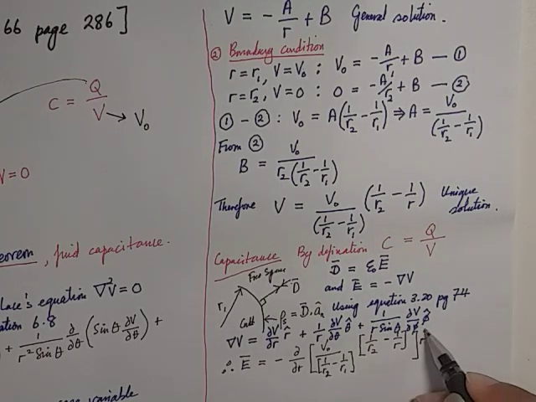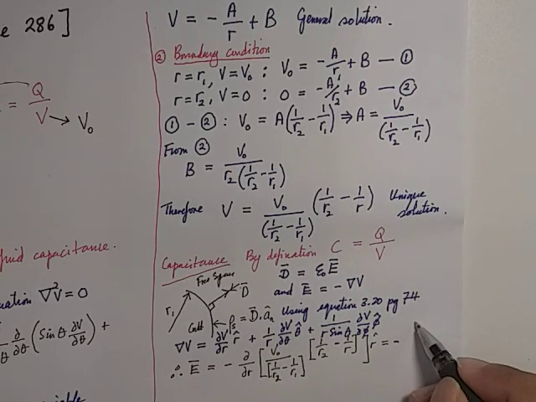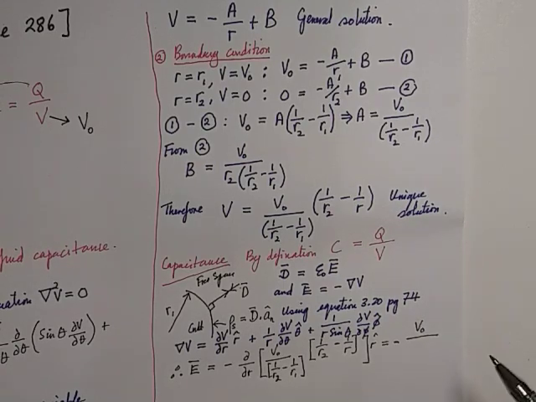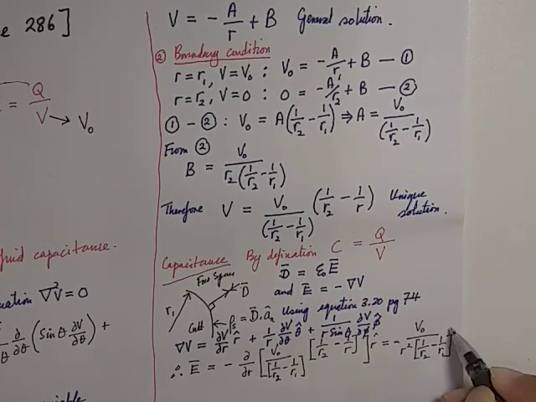Remember the r direction. Differentiating, the constant term ends with 0. So negative, differentiating r to the negative 1 gives negative r to the negative 2, negative negative. Okay, I'm going to have negative V naught over R2, 1 over r squared, sorry, minus 1 over R1, in the r direction, correct?